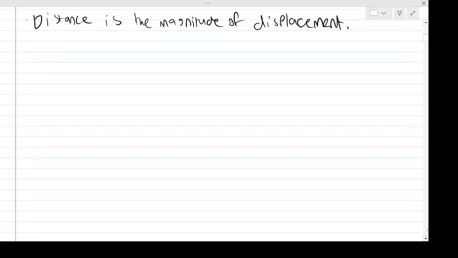Now we're going to look at speed and velocity, and it's pretty much the same sort of story. Right, so let me copy down my A to B. Now let's say A is the point 2, 1, and B is the point 10, 7.